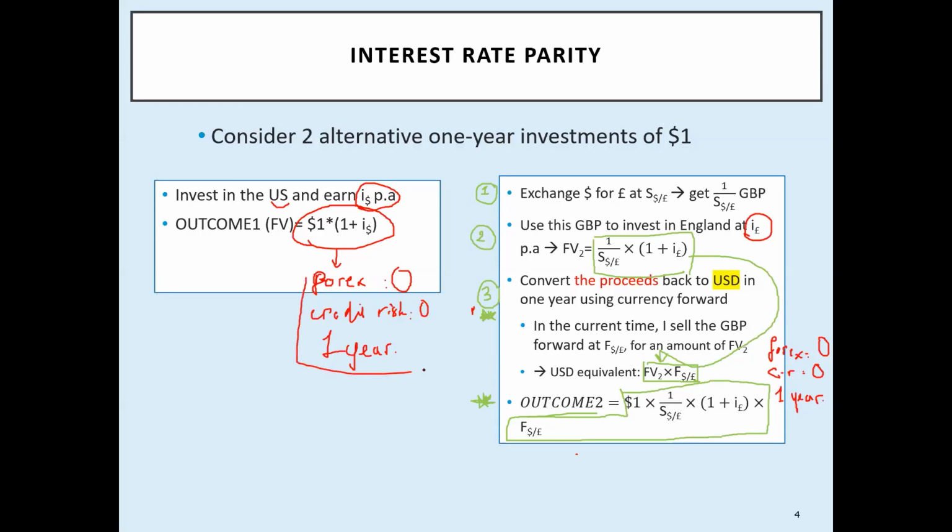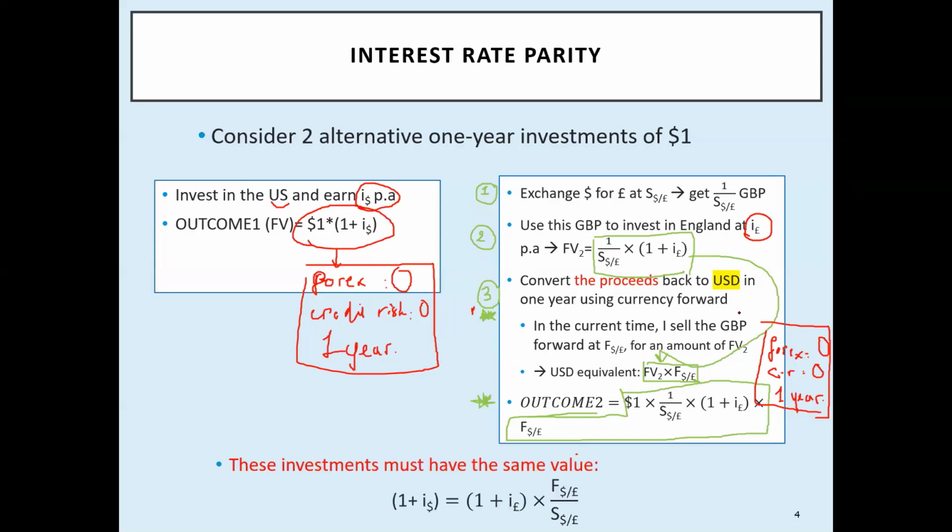If you look at the risk profiles of the two investment options on this slide, they look exactly the same. They have the same risk profiles and the same investment horizon, and therefore these investments should have the same value. If your investment has the same risk as the market, for example, it should be priced at the market.